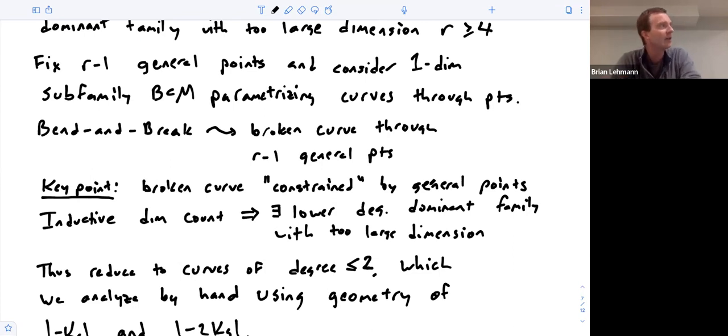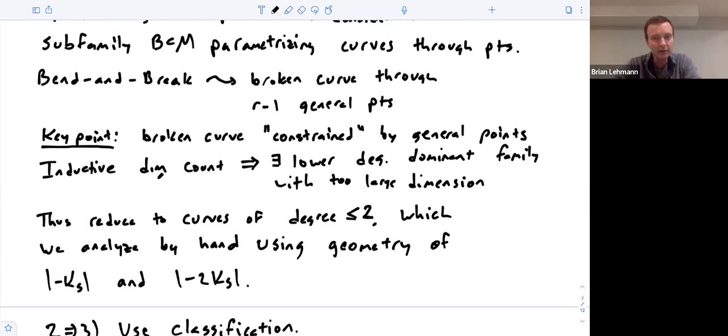When you run bend and break, you have very little control over the broken curves that result, but this construction allows us to have more control. You can't have too many random components sprouting off, because if you have a lot of extra components, you wouldn't have enough positivity for the remaining components to go through all these R-1 general points. So that's the key idea: the bend and break is constrained by this construction.